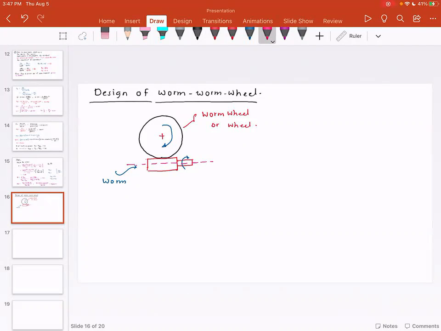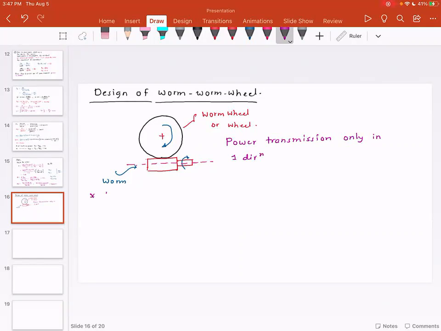Now, what are the advantages and disadvantages? First and foremost, I want you to understand that in worm wheel, power transmission is unidirectional. Power transmission only in one direction, which means if you rotate the worm, the worm wheel will get rotated.